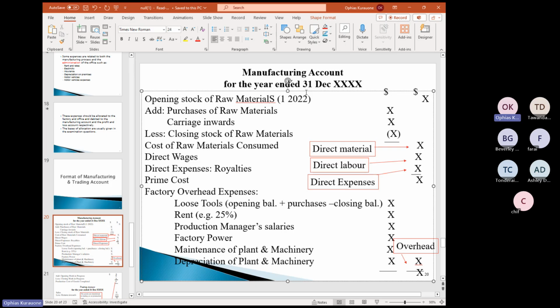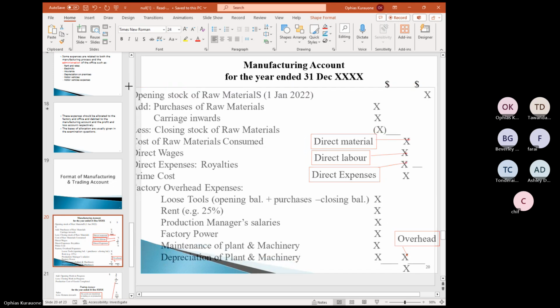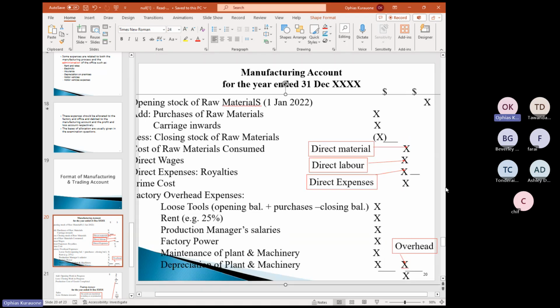Then here we have the purchase of raw materials.